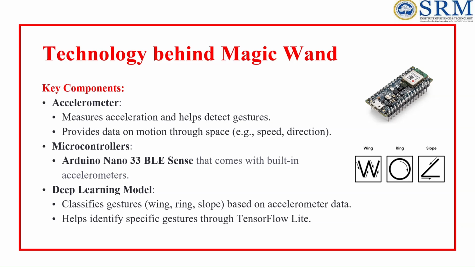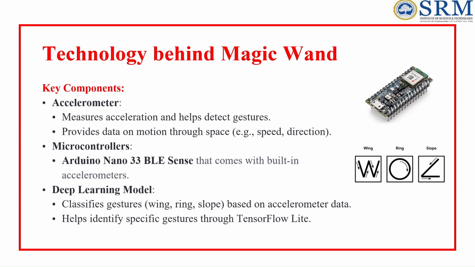Second, the microcontroller. For this project, we use the Arduino Nano 33 BLE Sense, which is a compact yet powerful board with a built-in 3-axis accelerometer. This makes it perfect for gesture recognition because we don't need any external sensor modules. And finally, the deep learning model. This is where the magic of AI comes in.